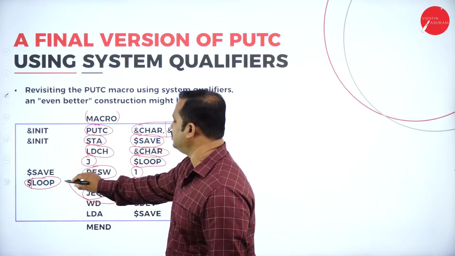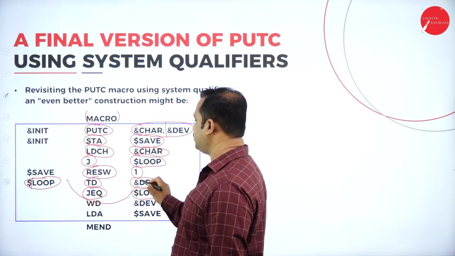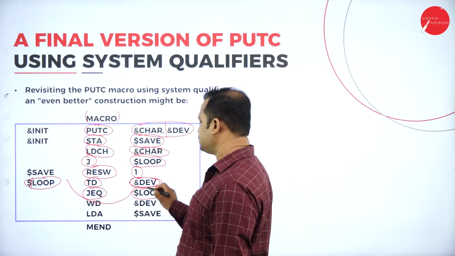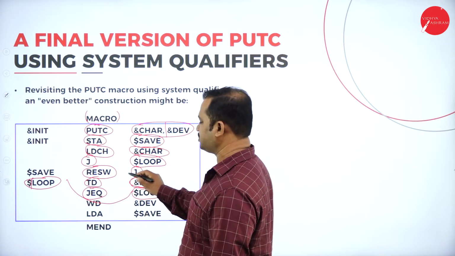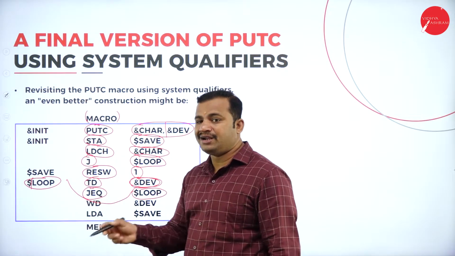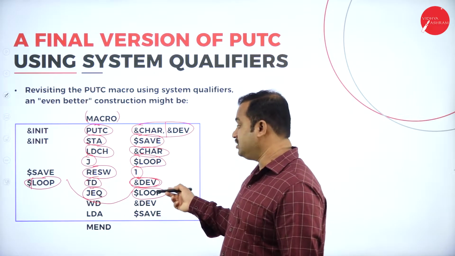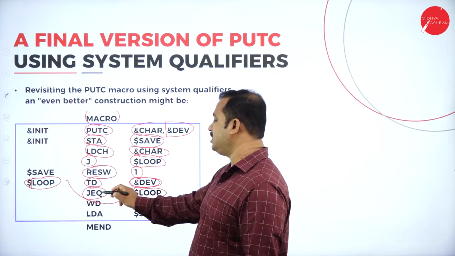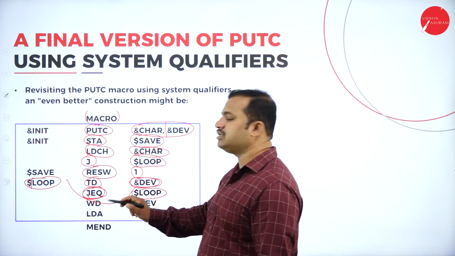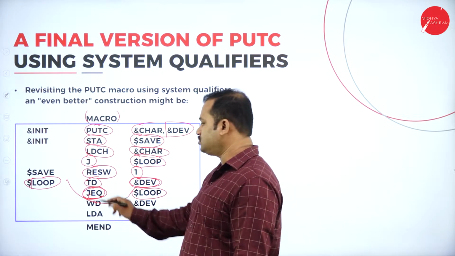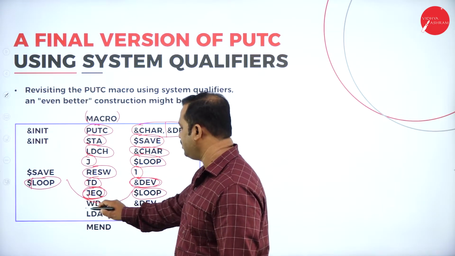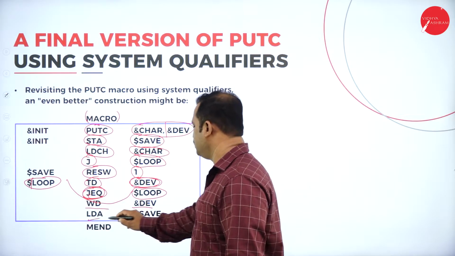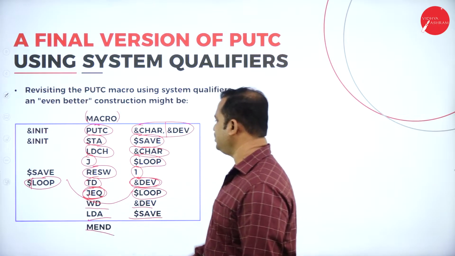From here it jumps back, and this statement receives the input from this device. Again, it comes back, and if it is equal, again goes back to this statement and receives the character. So we keep receiving repeatedly until this condition is satisfied. JEQ is equal. Once it is not equal, we come out of the looping statement and then we execute this statement, LDA $SAVE, and it prints the value.